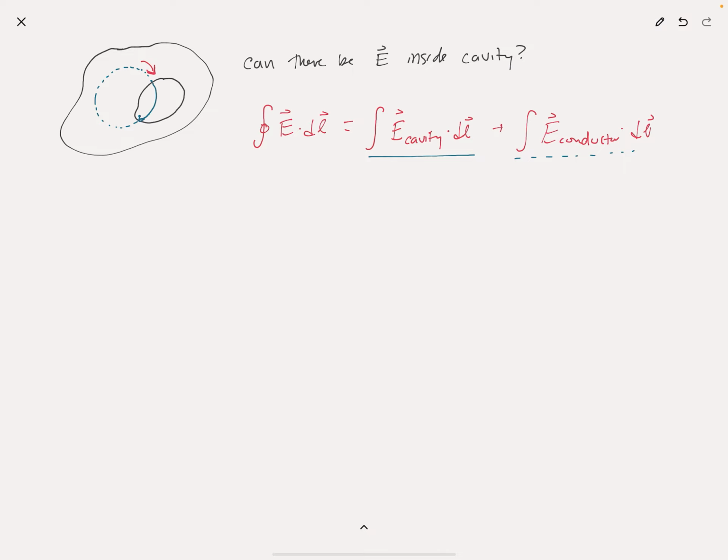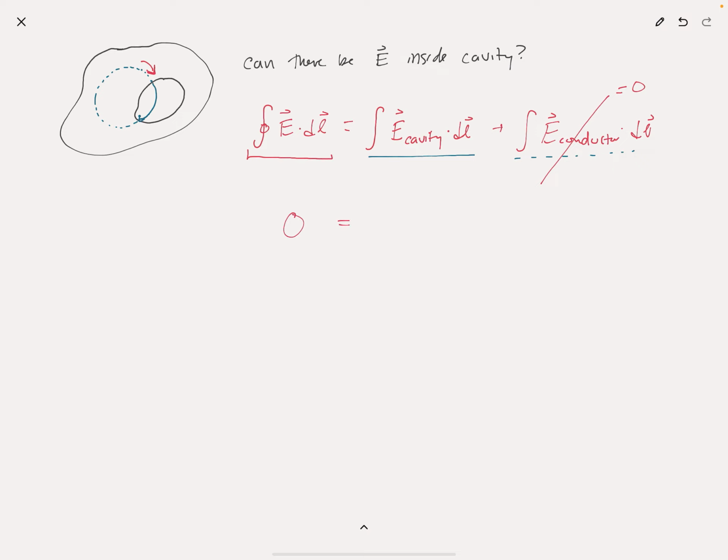All right, but we know that the electric field inside of the conductor is equal to 0. And we know that the integral of the electric field over a closed path is also 0.